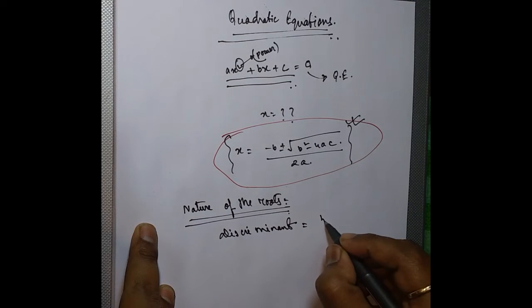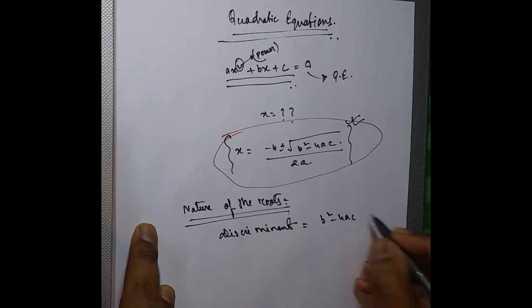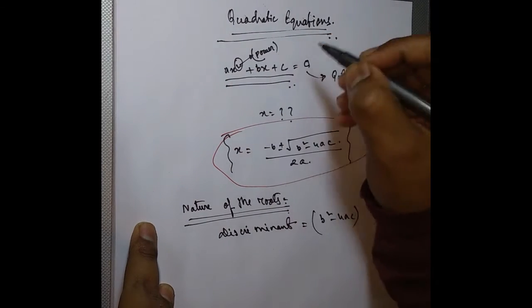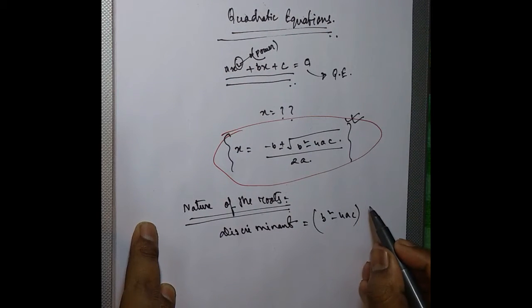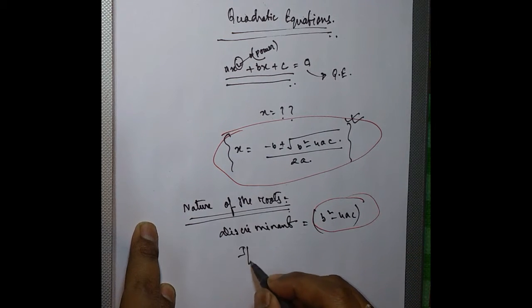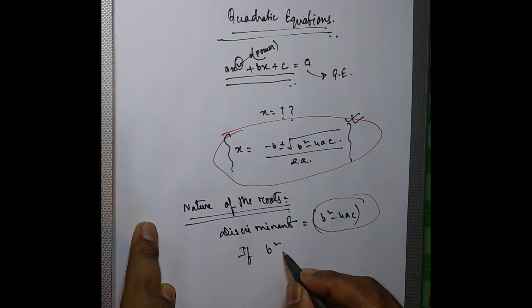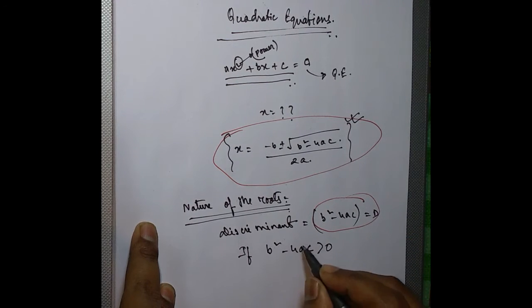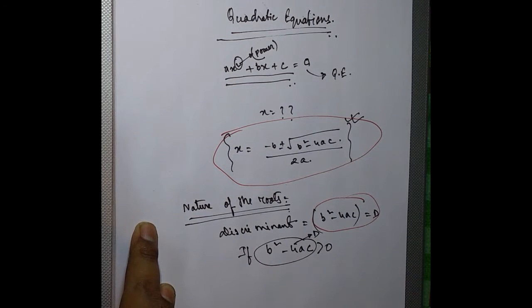What is the discriminant? b square minus 4ac. This is the discriminant. And if b square minus 4ac is greater than 0, we denote the discriminant by D also, so we can write this one as D.